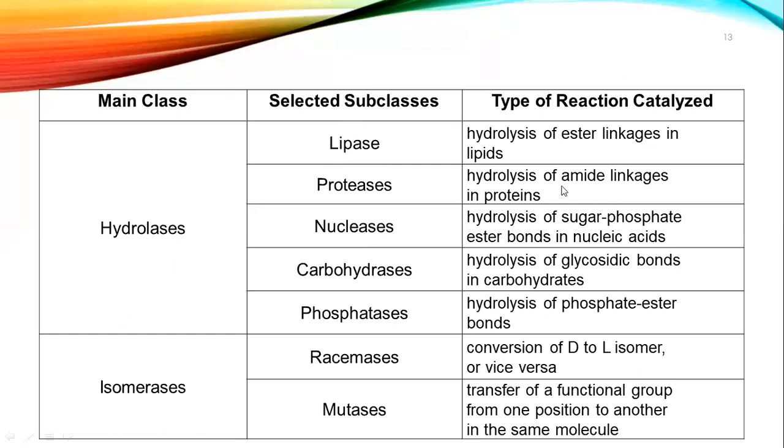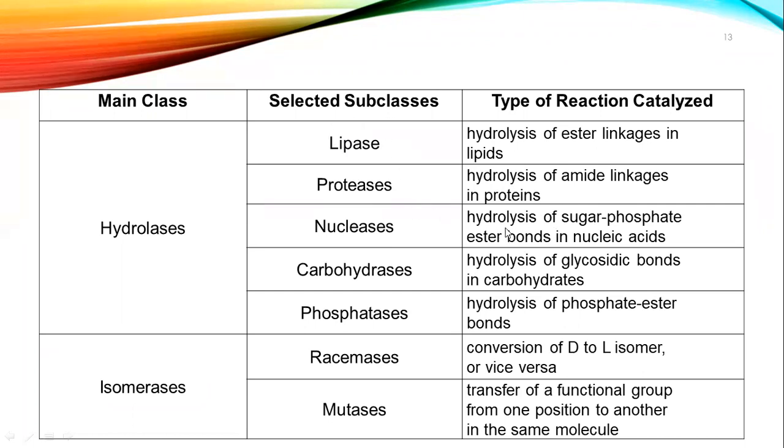When we are looking at the amide linkage in proteins, for example, and add water, H2O, then this one is protease, from the word protein. If our starting material is a lipid, then you have the lipase.